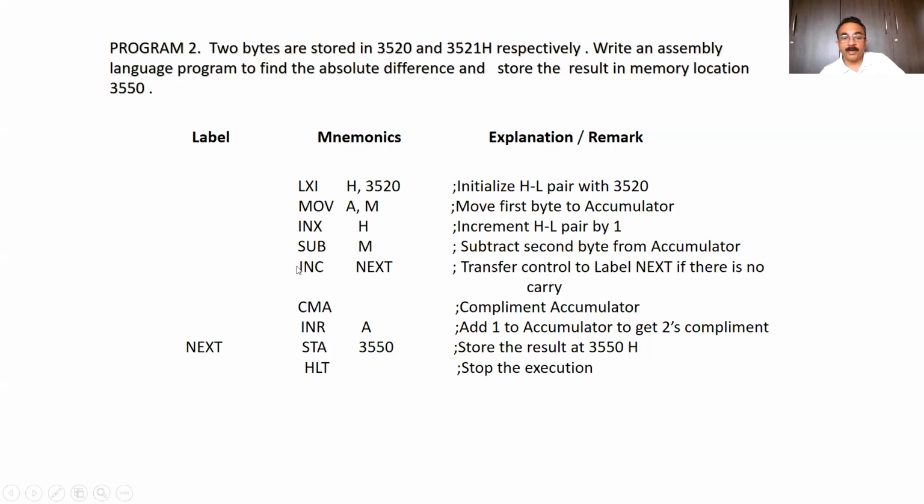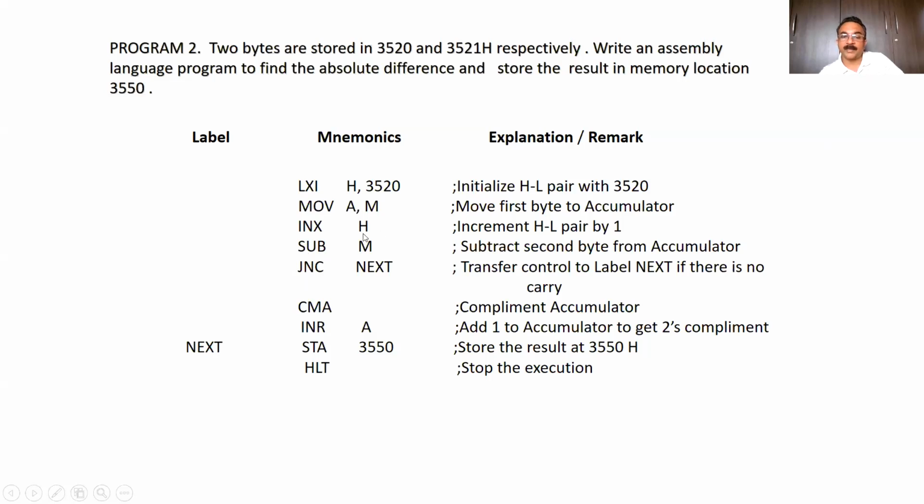Now the next instruction is jump no carry. Why jump no carry? Let us assume that you are subtracting 5 from 3. So 3 minus 5 is minus 2. Minus 2 means that negative sign. Here we check for carry. Actually that is nothing but carry. There is no carry, but it's a borrow. And here the borrow we use in terms of carry.